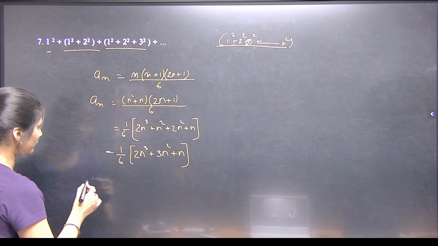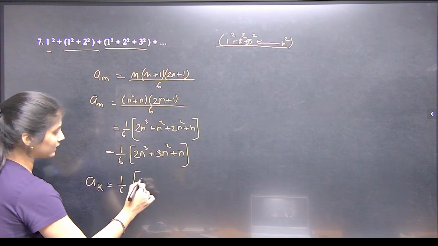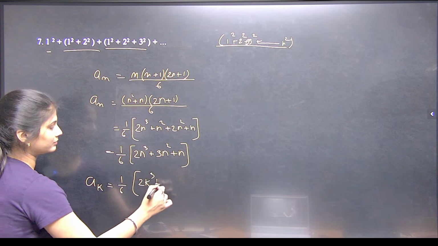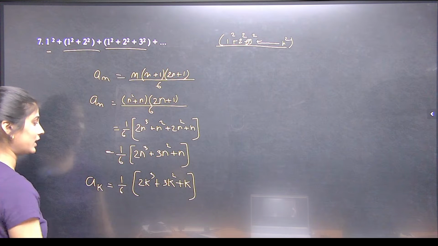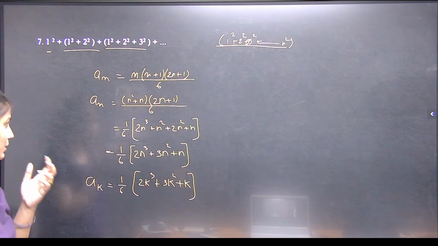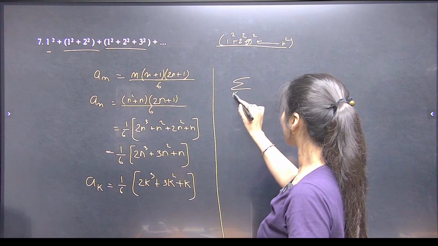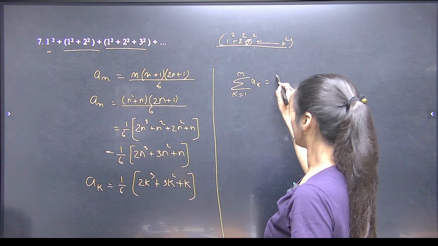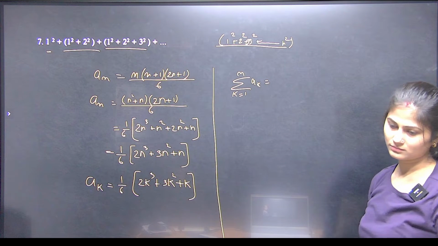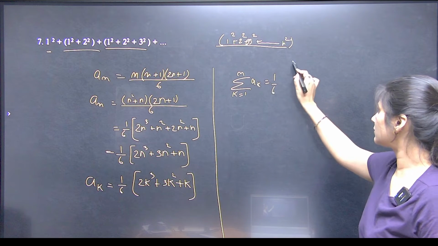Now what we have to do? We have to find the sum. So I am writing it in terms of k. Okay, and now I am putting the summation sign in the given solution. So it is summation k equal to 1 to n ak is equal to, we have 1 by 6, so leave it outside the bracket.